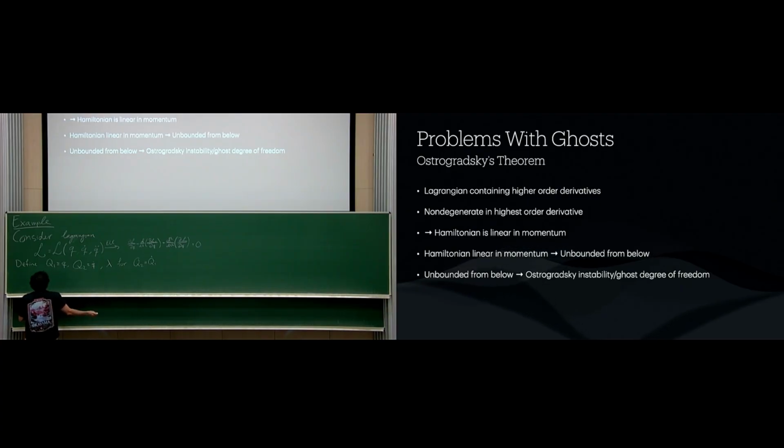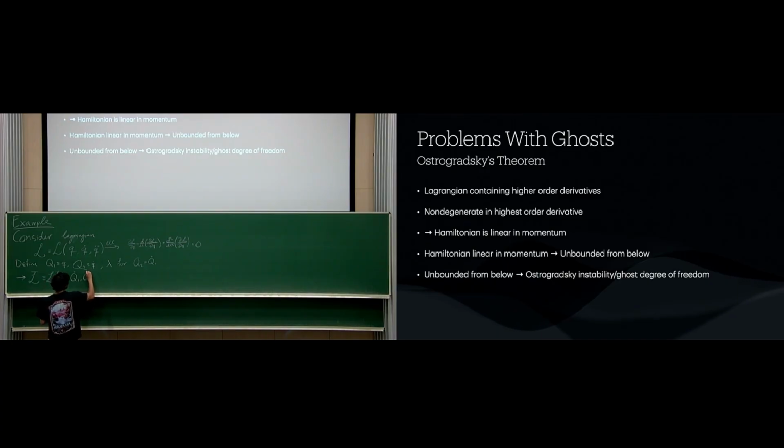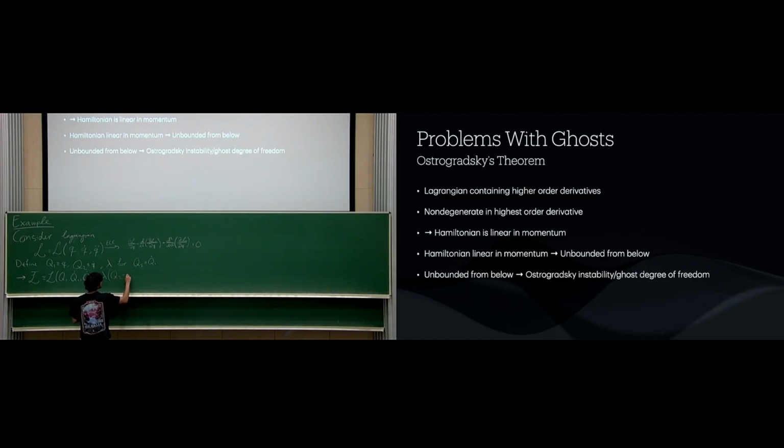Then this allows us to express an equivalent Lagrangian as L of Q1, Q1 dot, Q2 dot, plus our constraint.